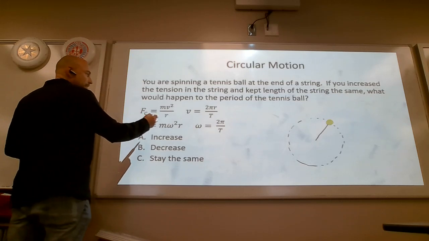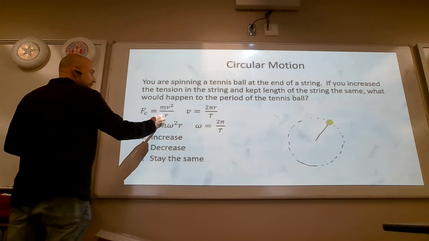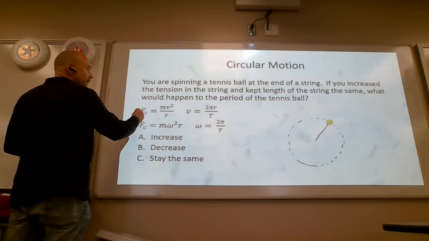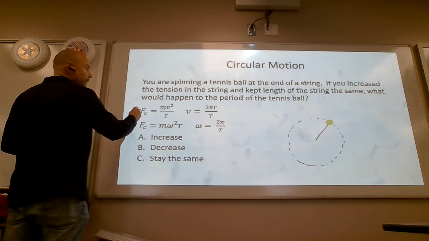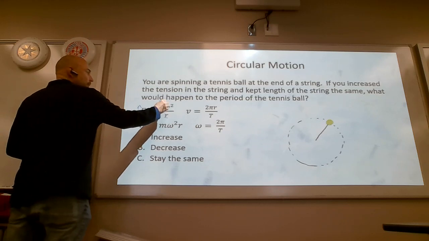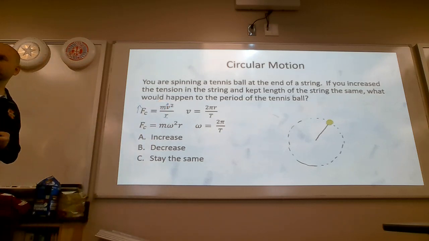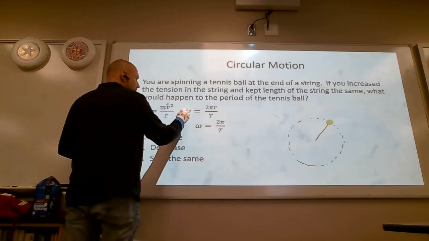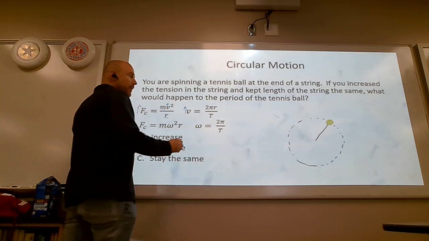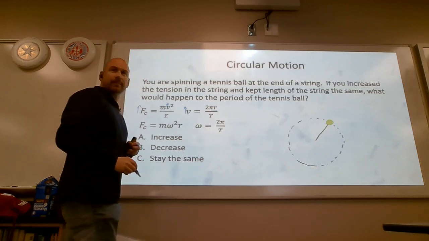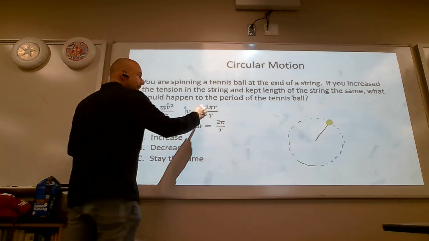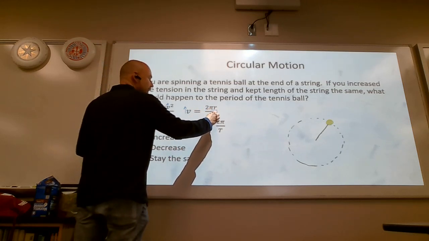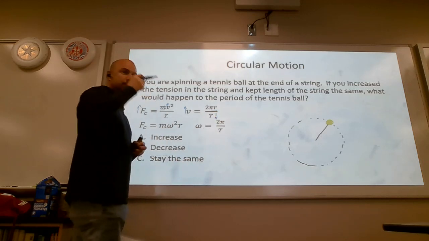Here's the progression. So mass is the same. Radius is the same. Increase in the tension. Therefore, the speed has to increase as well. So going over here, if we increase the speed, radius is the same. The period has to go down.